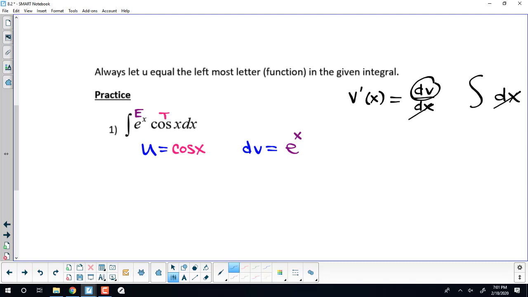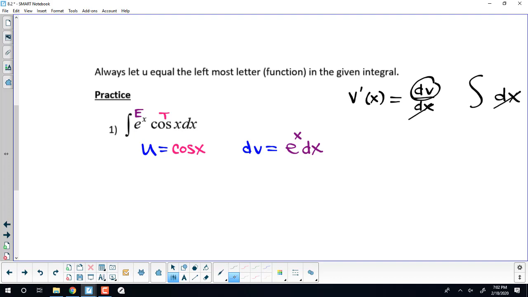So your dv and du should always contain differentials as well. dv is actually e to the x dx. I know it seems like a trivial thing, but it absolutely matters. So the d's should have d's with them.